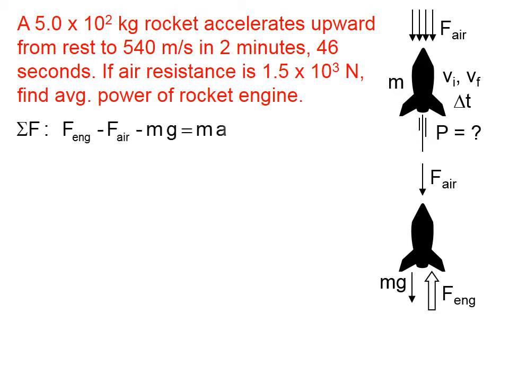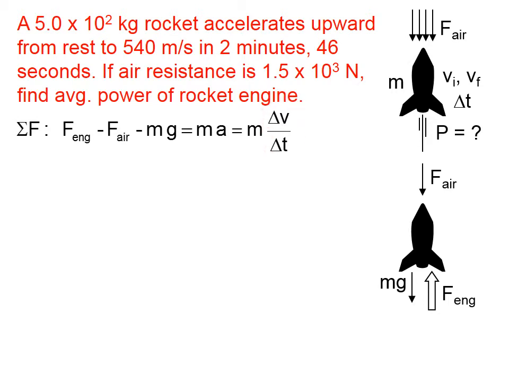If I pick upward to be positive, the force from the engine should be positive minus the air resistance minus the weight, and by Newton's second law, those summed forces should add up to be the mass times the acceleration. By definition, the acceleration is the change in velocity over change in time, and we know the final and the initial velocity and the time, so that quantity is known.